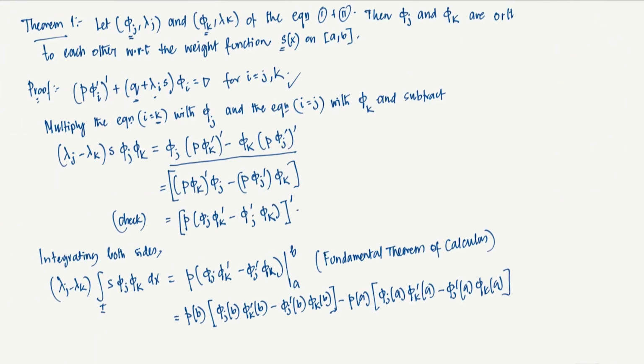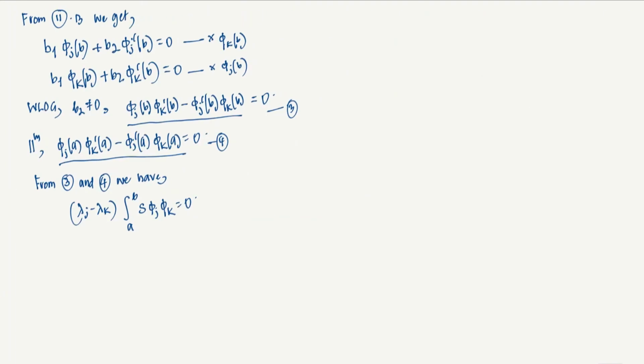So this integral expression becomes 0, and since lambda j is not equal to lambda k, these being distinct eigenvalues, that implies the integral from a to b of phi j of x, phi k of x, s of x dx is 0.